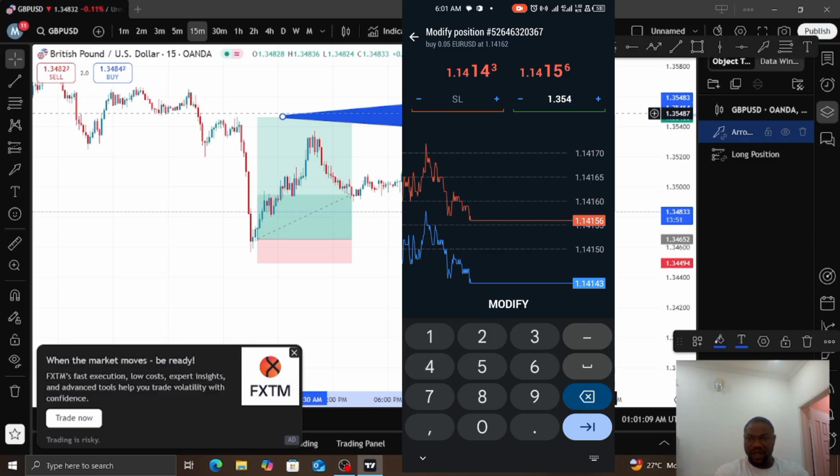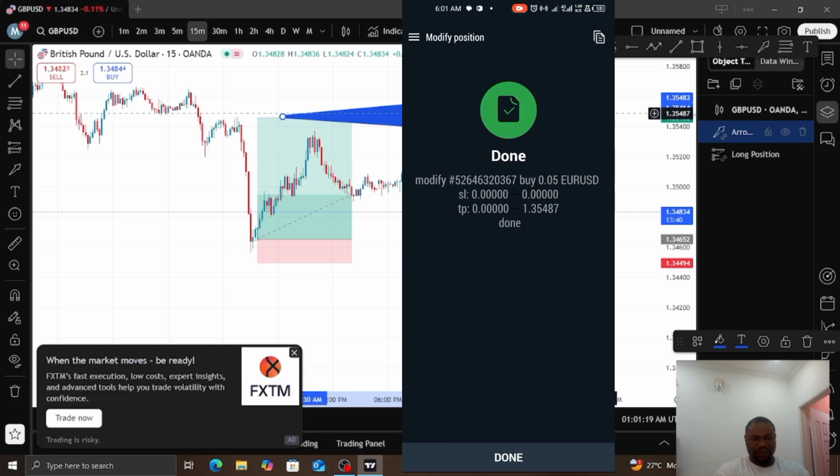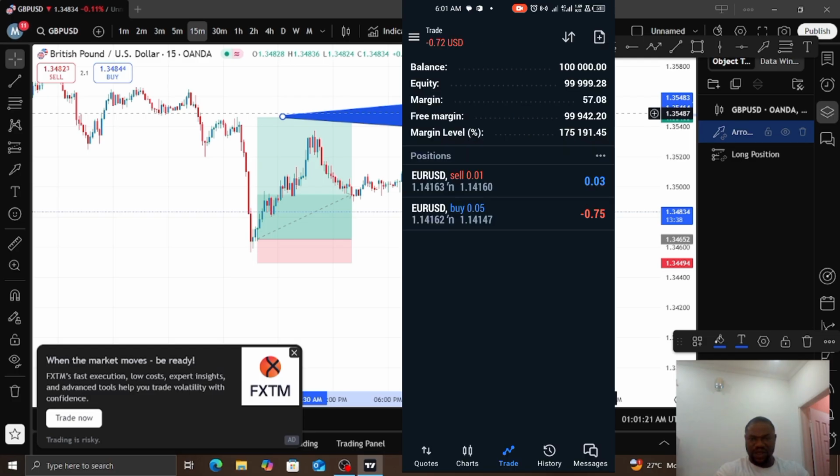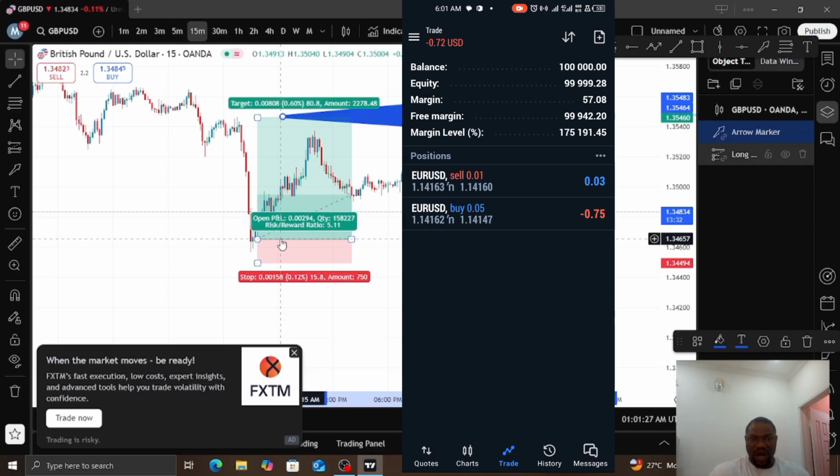So our TP will be 1.35487. At this point, we are going to click modify. Modify, and it will place immediately.